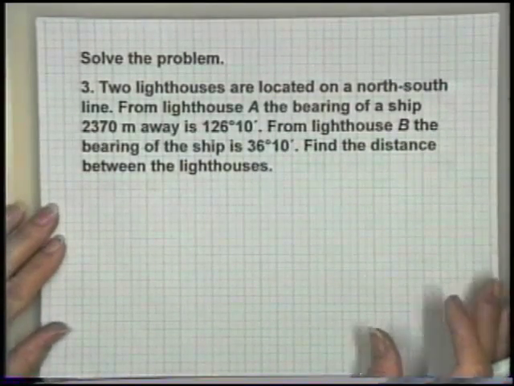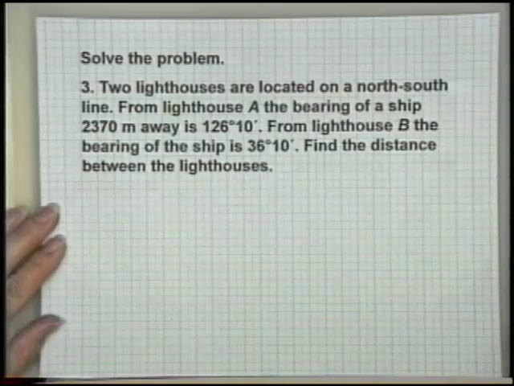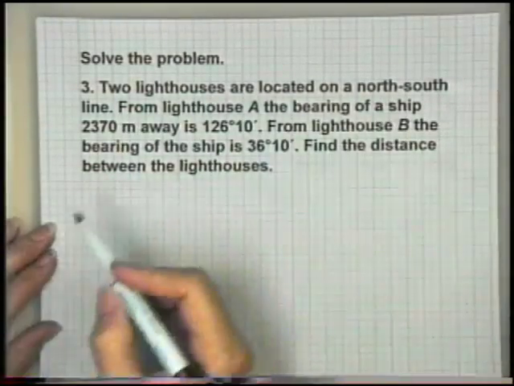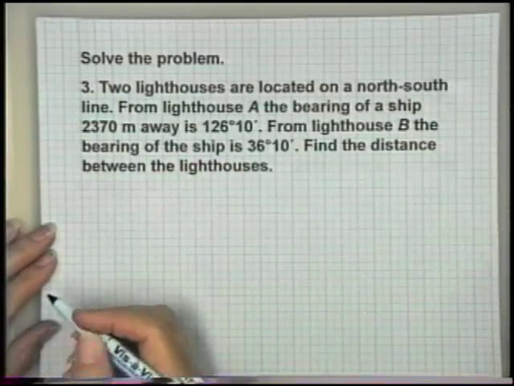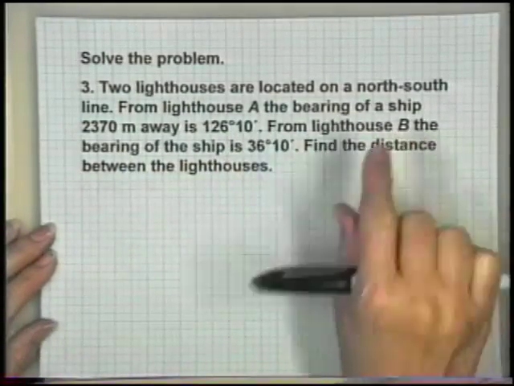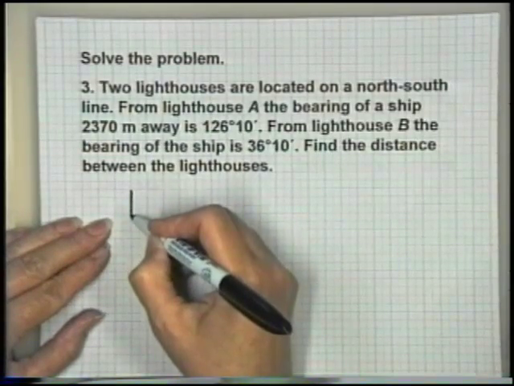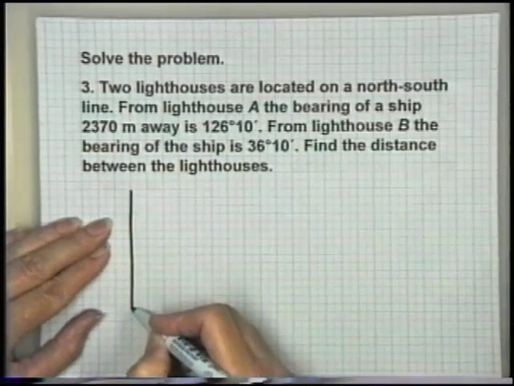Well, let's see here. Let's sketch a drawing, and of course it's a sketch. It says two lighthouses are located on a north-south line, and they've called those A and B. So let's sketch our north-south line.